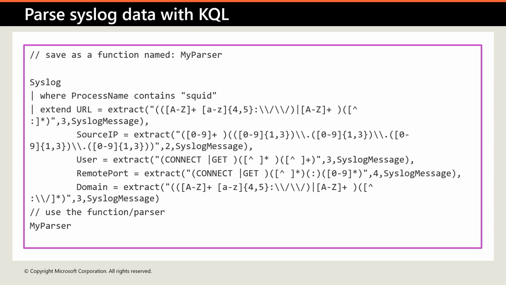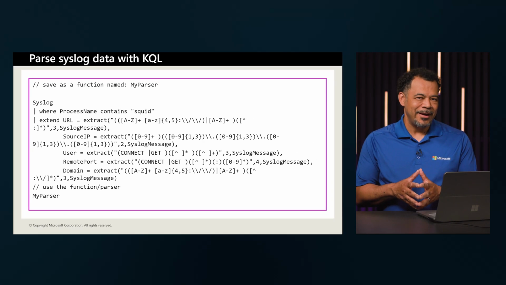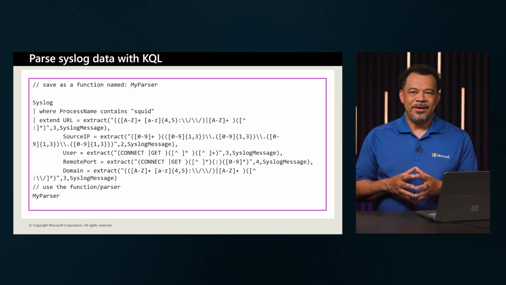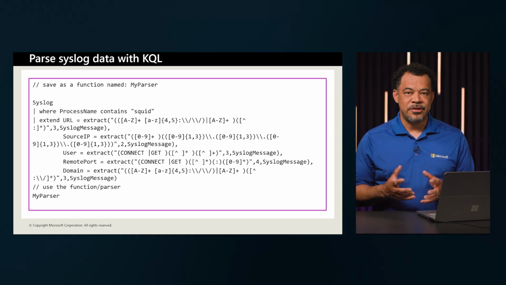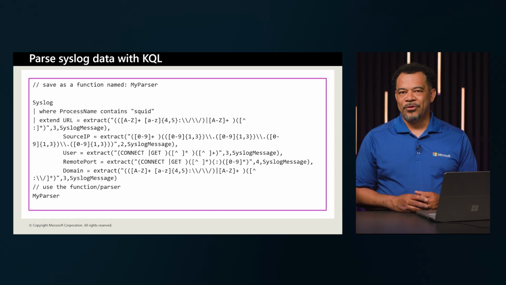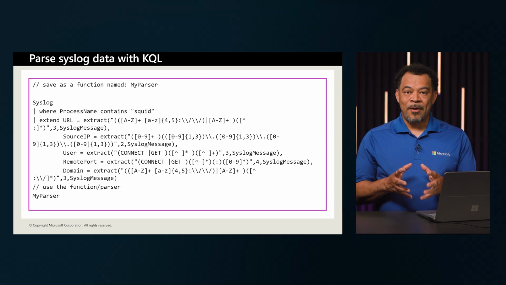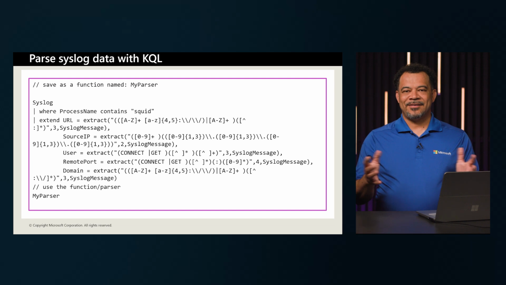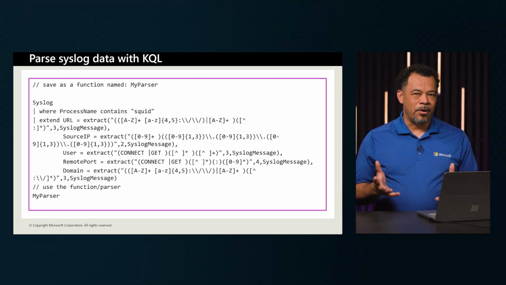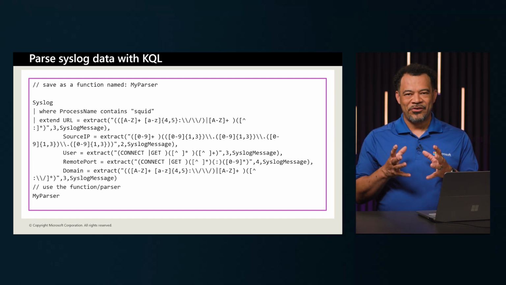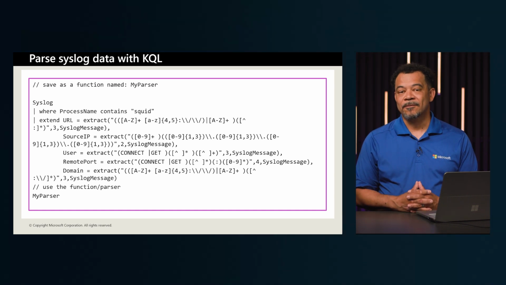For syslog, you'll need to parse fields on every query, or you have to write a parser. A parser is a KQL function, a query saved as a function and then referenced with the function name. The reference to the function name is like accessing another table. By creating parsers, you only need to write the syslog message parsing once.